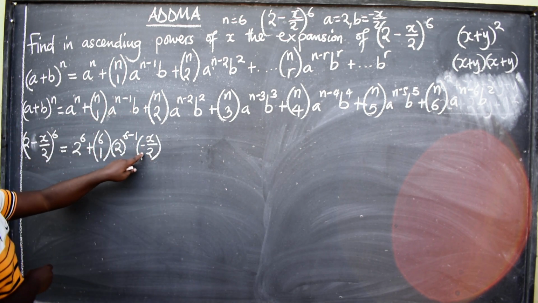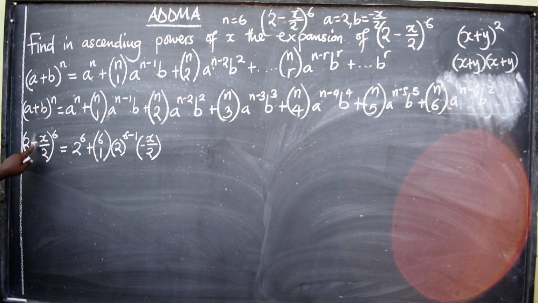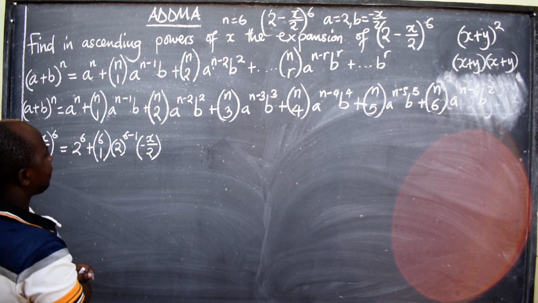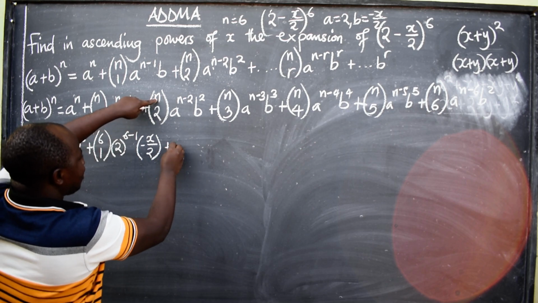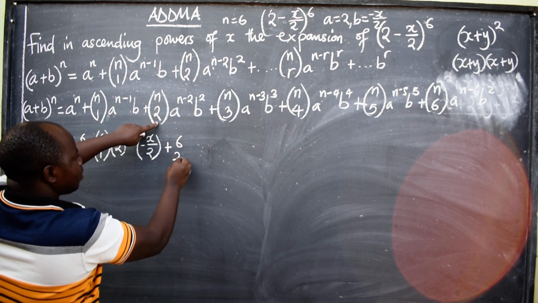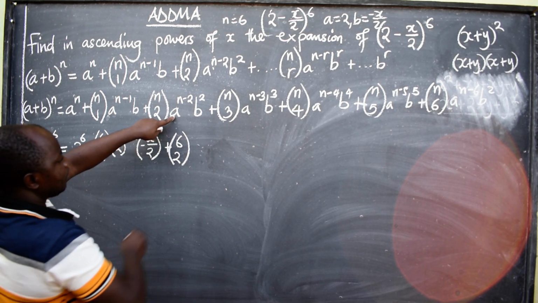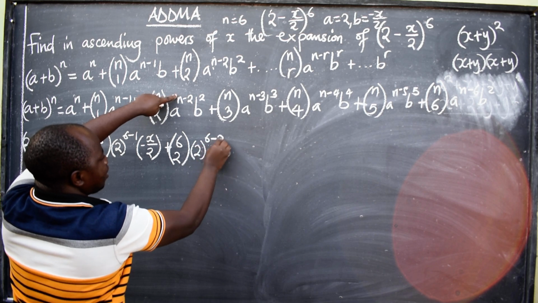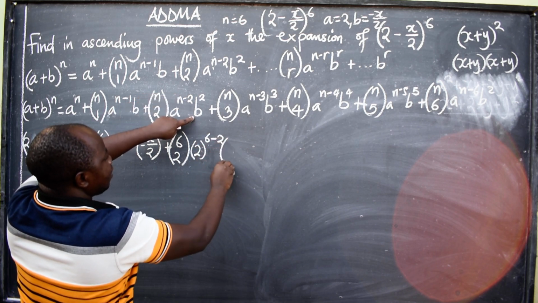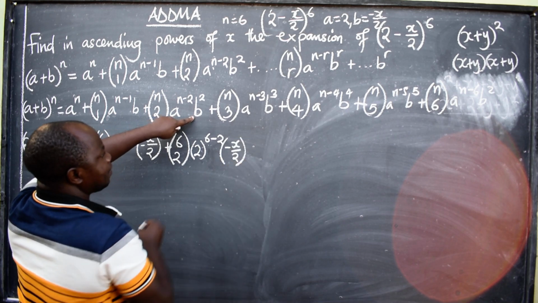This is my b. Okay? This is your b here. You get with the negative, together with the negative. We are done there. We move on, plus here 6 choose 2. Like that. Here 2 in brackets. Here 6 minus 2. Here negative x over 2, like this.